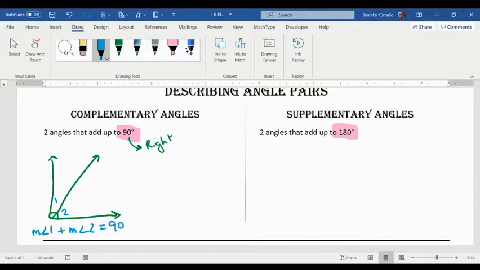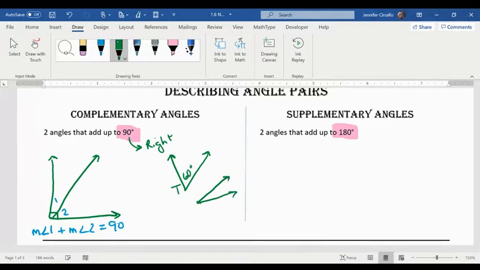Okay, but there's nothing in the definition that says they have to be next to each other like that. You could have an angle over here that's 60 degrees, and we'll call that angle T. And then we have another angle over here. They're not even touching.